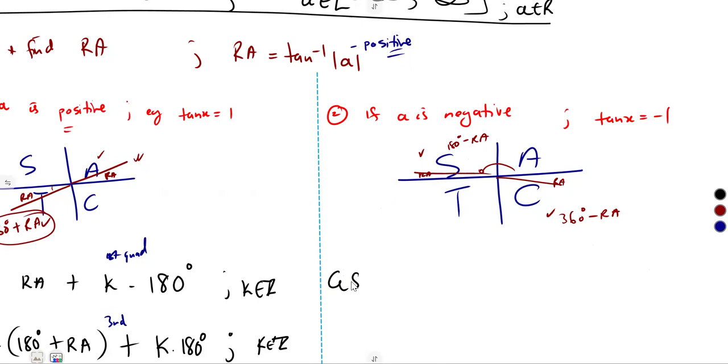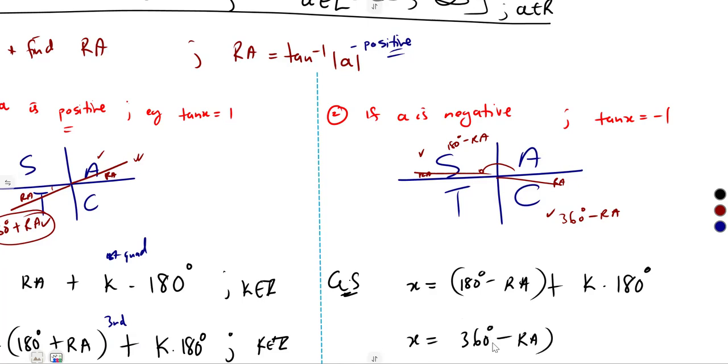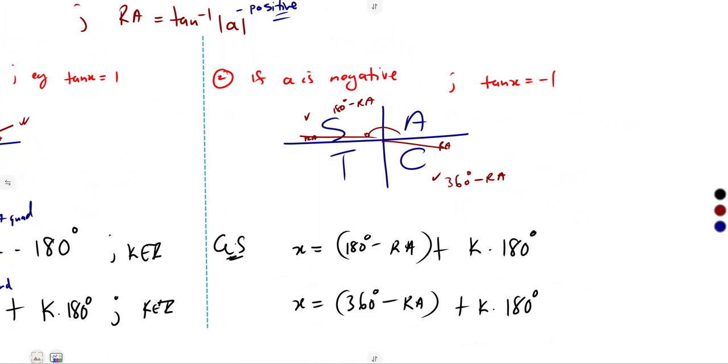So our general solutions are: x equals, in the second quadrant, 180 degrees minus the reference angle plus k times 180 degrees, and in the fourth quadrant, 360 degrees minus the reference angle plus k times 180 degrees, from the period of the graph of a tan, with k being an integer.